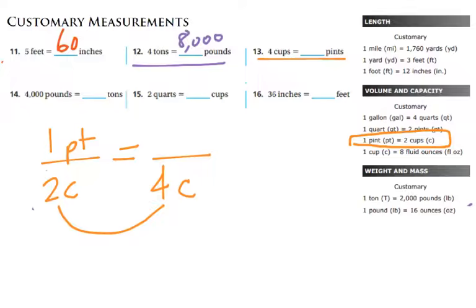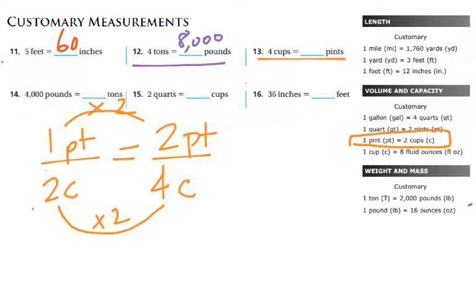What do I do to go from 2 to 4? Well, I multiplied it by 2. So I'm going to do the same thing to my 1. 1 times 2 is going to be 2 pints. Now, here's something to note.